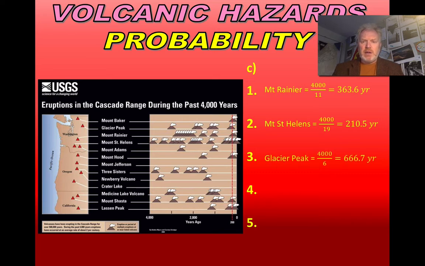Glacier Peak has a recurrence interval of 666.7 years. Mount Baker, just once in 4,000 years. And finally, Lassen Peak, which has a recurrence interval of 1,333.3 years.